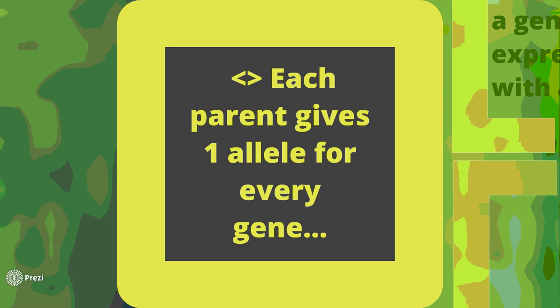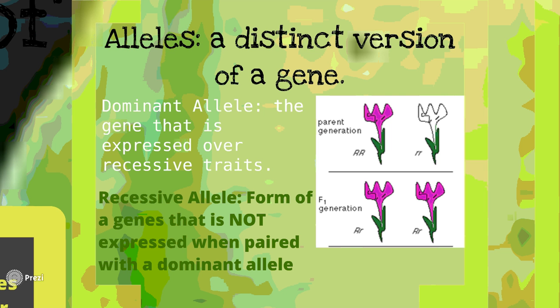So each parent gives 1 allele for every gene. What's an allele, you ask? Well, it's a distinct version of a gene. So an allele is either going to be dominant or recessive. A dominant allele is the one that is going to show, and a recessive allele is going to be hidden unless it's by itself.